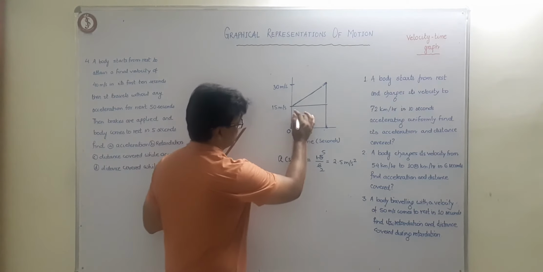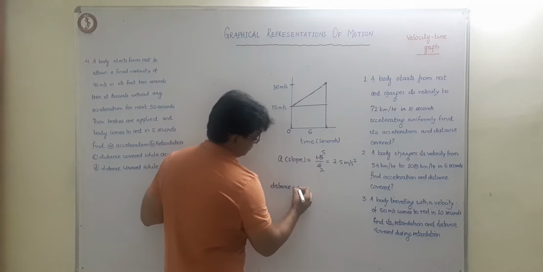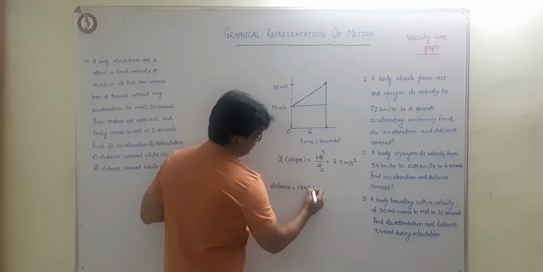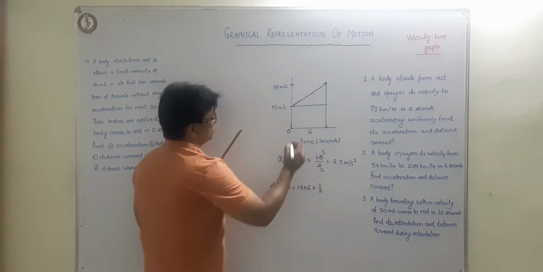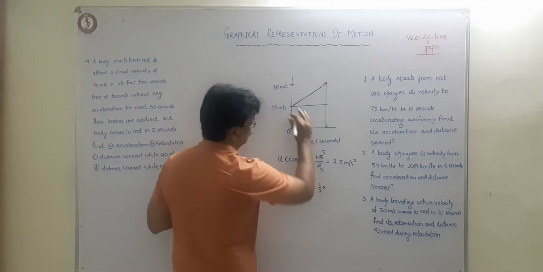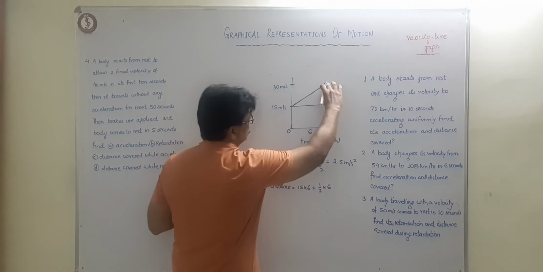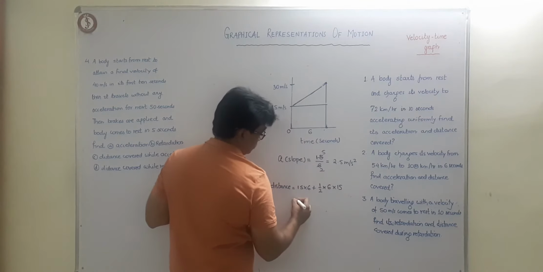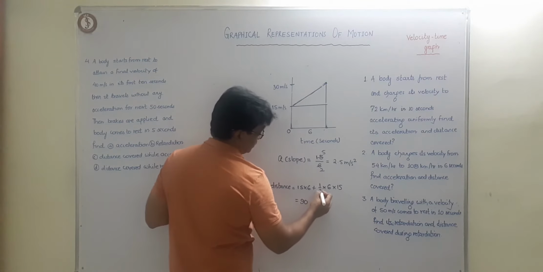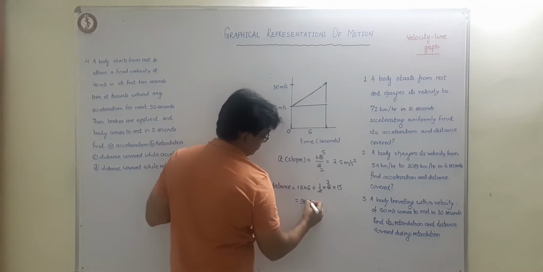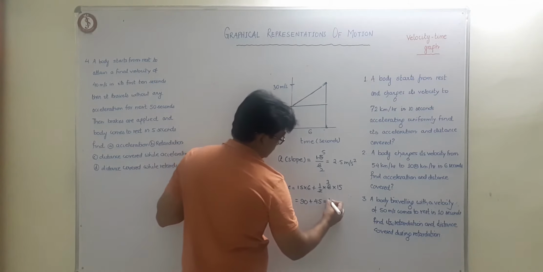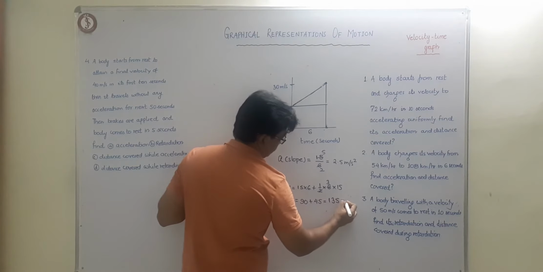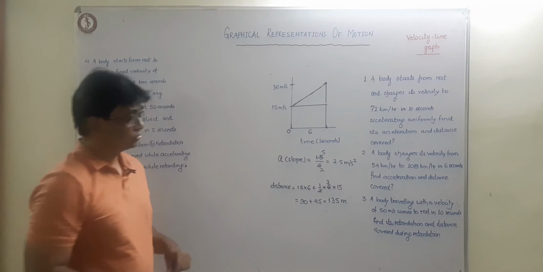So first this rectangle, 15 into 6, and then the triangle on the top, half into base 6 and height 15. So this will be 90 plus 45, which is 135 meters. So this is also done.